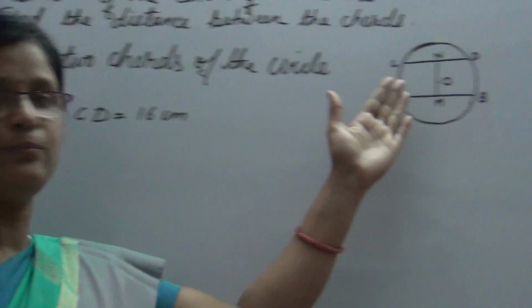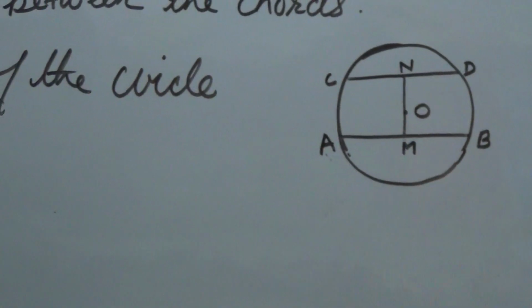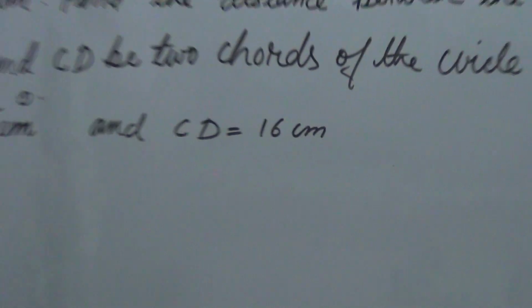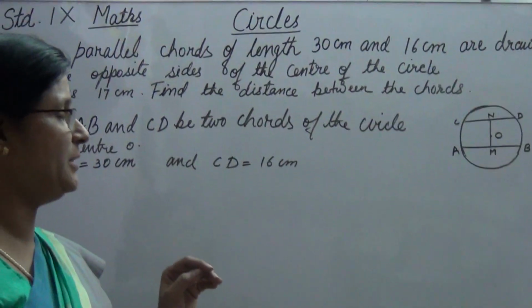Here we see that the chords are lying on the opposite sides of the center. It is also given that the radius of the circle is equal to 17 centimeter.